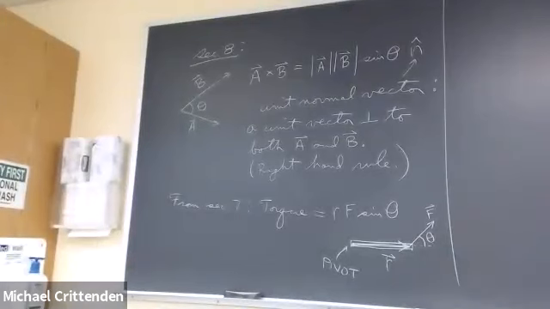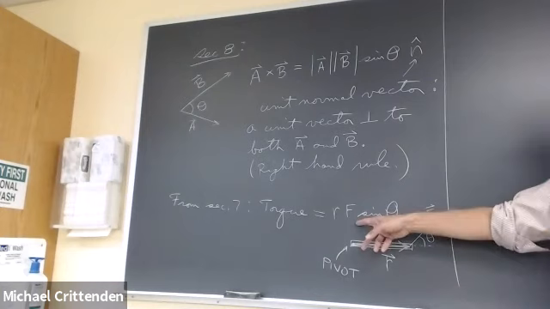Okay, so you got a force vector that says how hard you're pulling on the lever and in what direction. And you got a radius vector that defines where that force is acting.